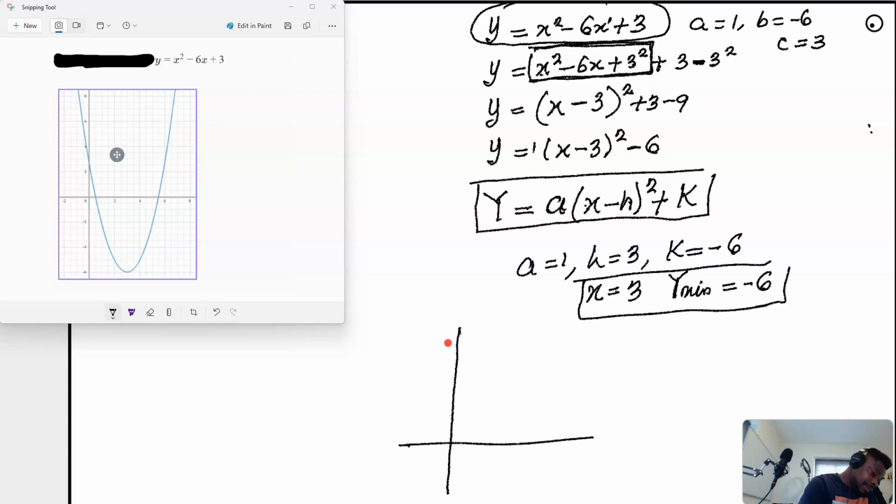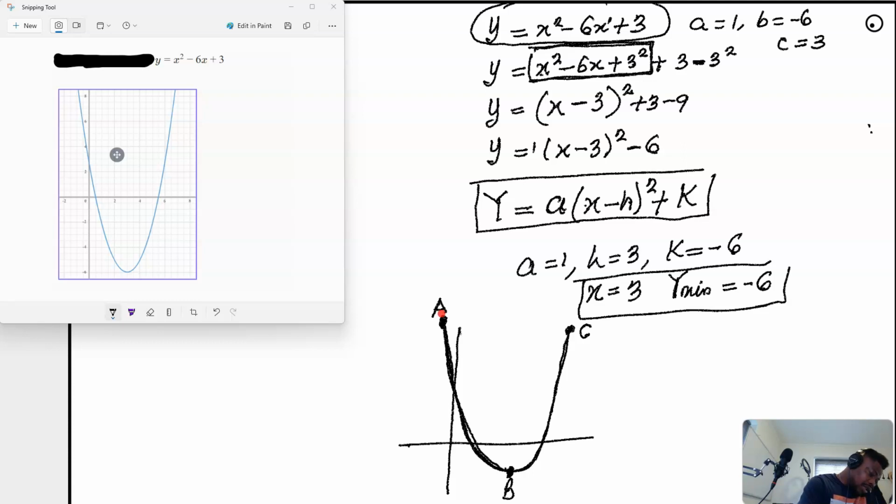Now, this is the curve. On this curve, let's say this is point A, this is point B, and this is point C. If you look at A to B, it is reducing, right?